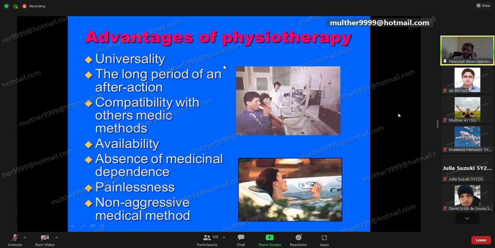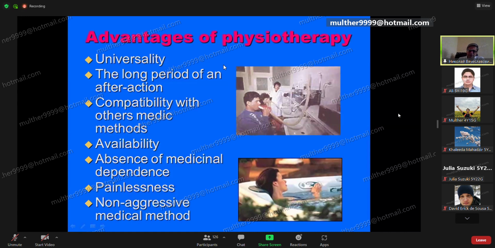So physical factors can stimulate universal mechanisms of recovery in the human organism. So we can apply this group of methods for different groups of pathological disorders and diseases.